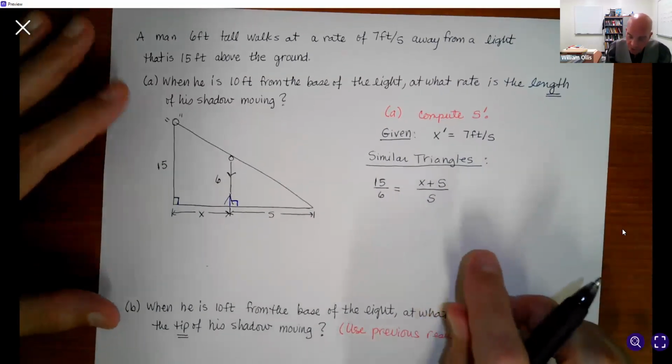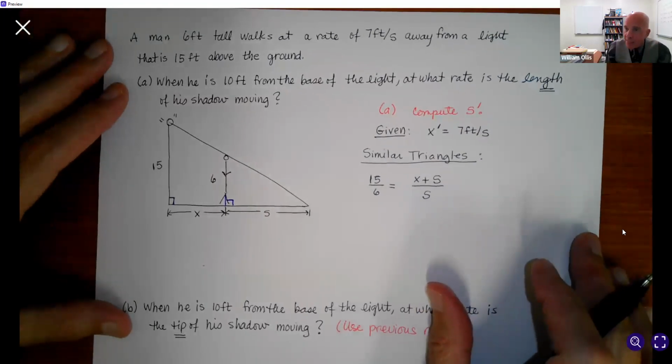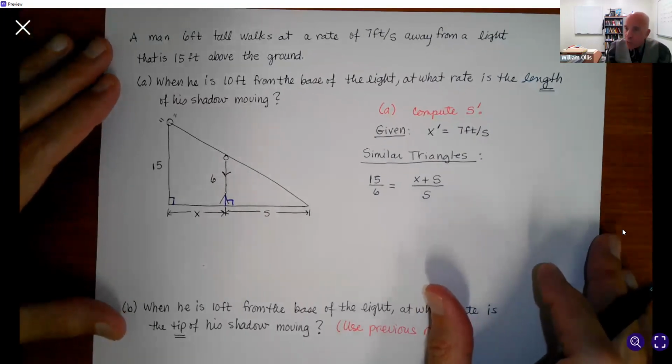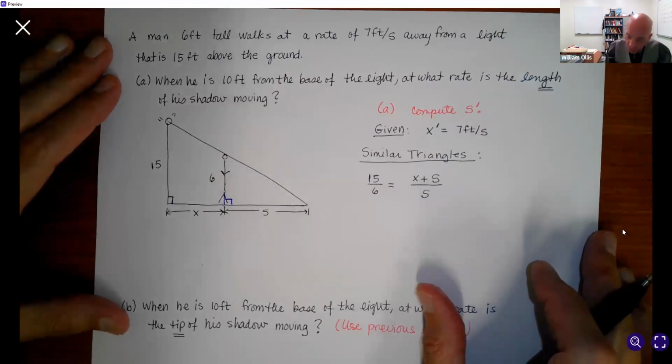So that's just using ratios of corresponding sides of similar triangles are equal. Okay, that's all that is.